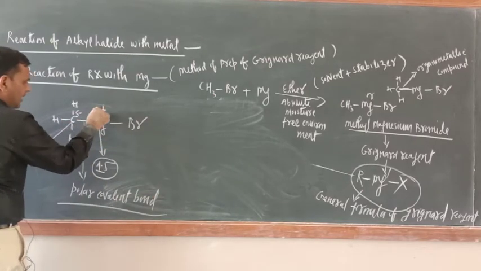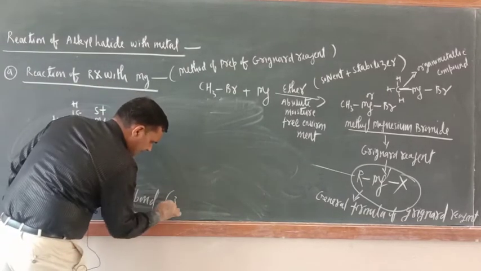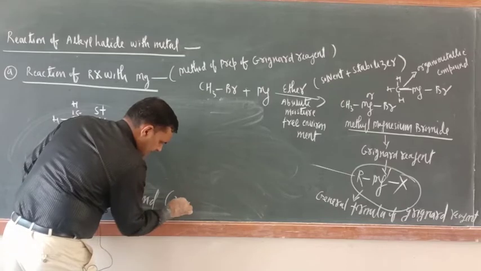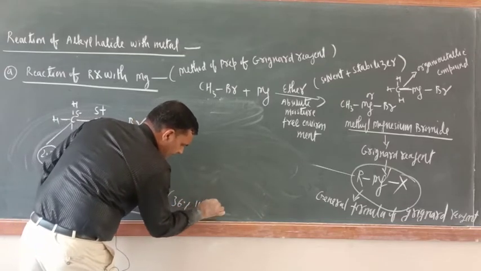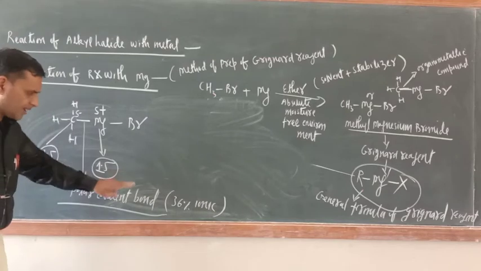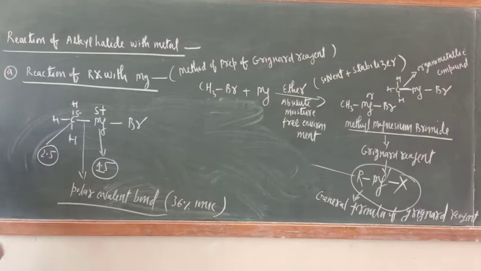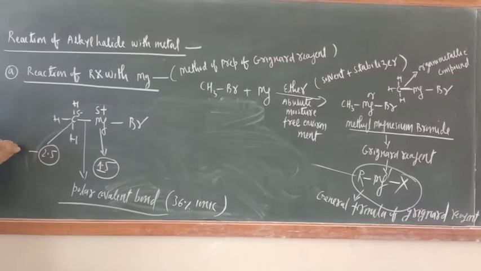This is slightly positive. Actually, this is 36% ionic. It is a covalent bond only, but 36% ionic character comes because of the difference in the electronegativity of carbon and magnesium.